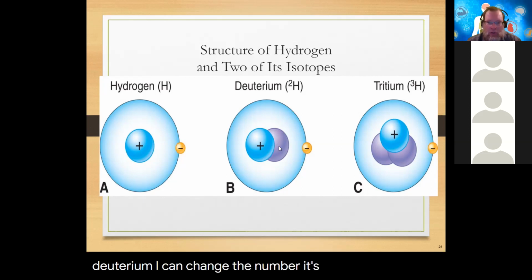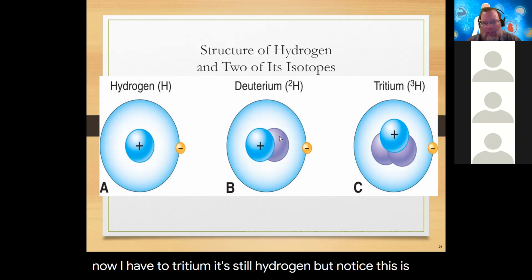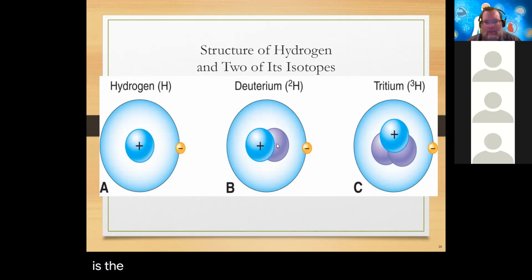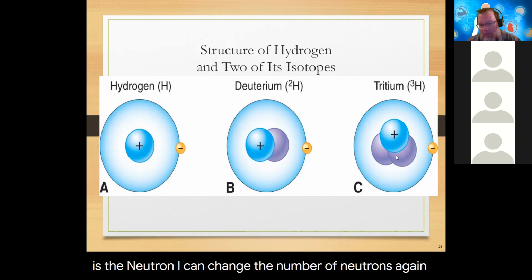It's still hydrogen. Now I have 2. Tritium, it's still hydrogen, but notice this is the neutron. I can change the number of neutrons again.